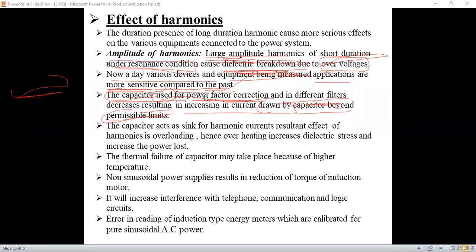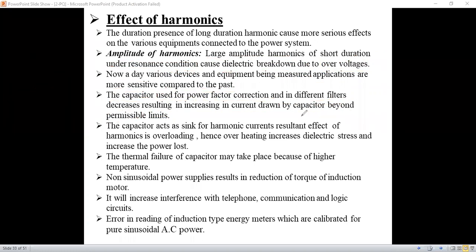Beyond the permissible limits, sir, not behind. Okay, beyond. Very good. It is not behind, it is beyond the permissible limit, that is, more than the permissible limit.